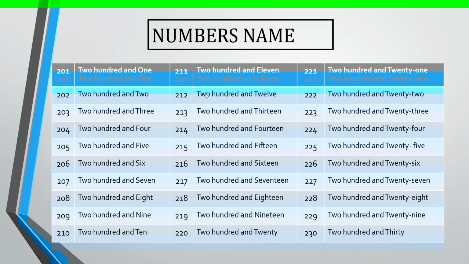Let's read the numbers name from 211 to 220. You can count the numbers and read the spelling. 211, 212, 213, 214, 215, 216, 217, 218, 219, 220.